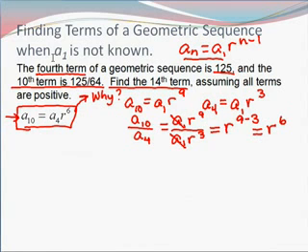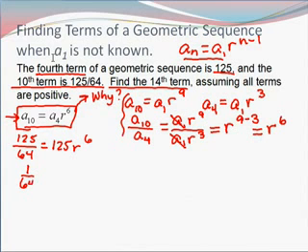Okay, so let's go ahead and start by using this equation, and we'll come back to this concept over here in just a minute. But first, we just need to plug in the 10th term is 125 over 64, and that's going to equal the 4th term, which is 125 times r to the 6th. Now I divide both sides by 125, and I get 1 over 64 equals r to the 6th.